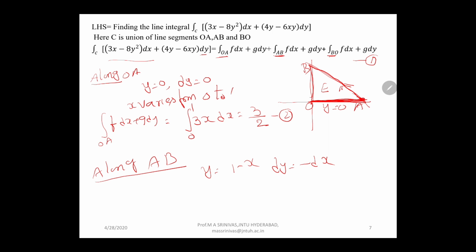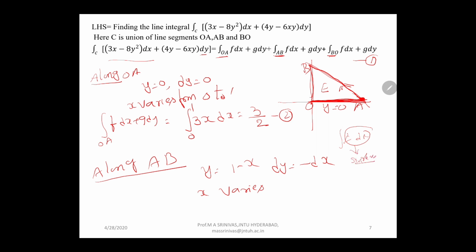So here the value of x is 1 and the value of x here is 0. So I am converting in terms of x. As I mentioned in my lecture 1 of this unit, while finding the line integral, the entire integrand, integral f bar dot dr bar, this entire one is to be converted to a single variable.